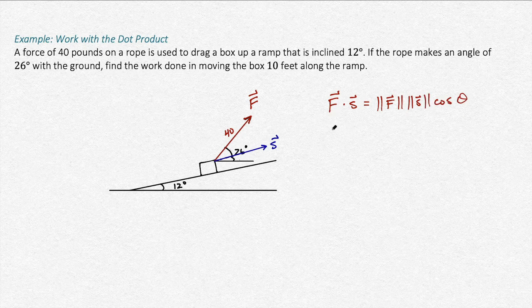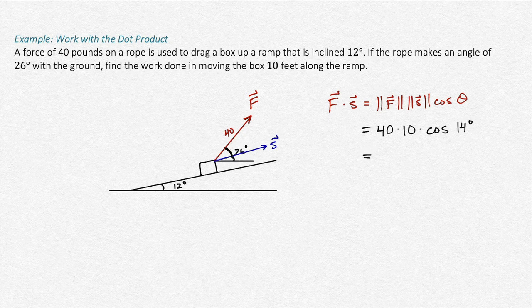Well, the magnitude of F I have. That is 40. The magnitude of S I know. That's the distance that it travels, which is 10 feet. And then I just need the cosine of the angle between them. Well, the angle between them, that's what I said before. I knew that this was 12 degrees, and to make up the 26 degrees, I knew that this angle was 14 degrees.